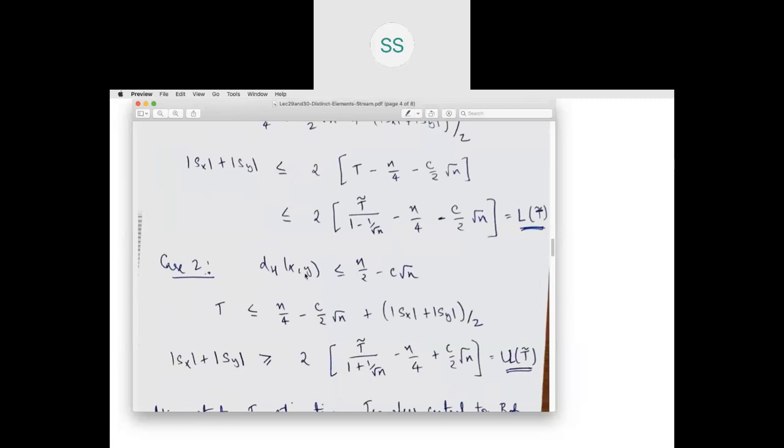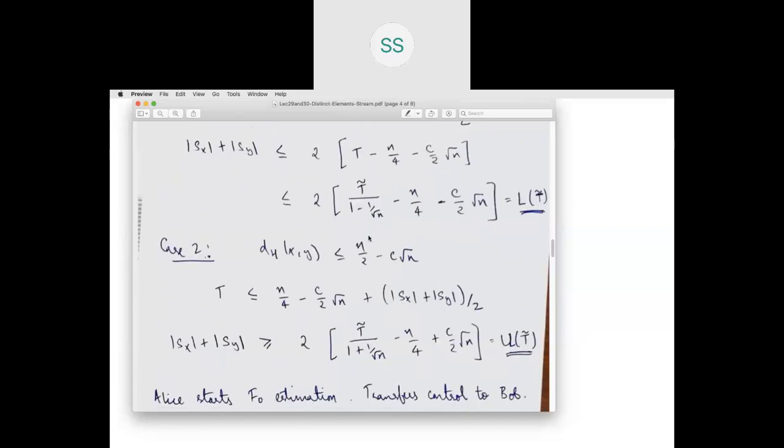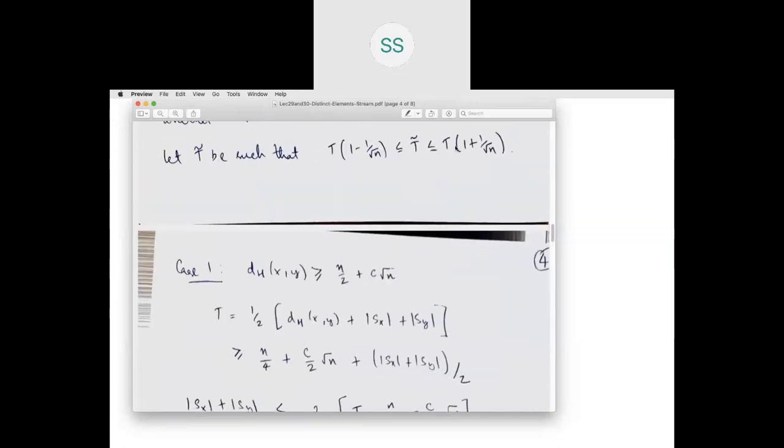In the other case, when the Hamming distance is at most n by 2 minus c square root n, you can do the same calculations again. You get this, and you get greater than or equal to here. So we have to replace t by an equivalent greater than or equal to inequality. So t is greater than or equal to t tilde divided by 1 plus 1 by square root n.